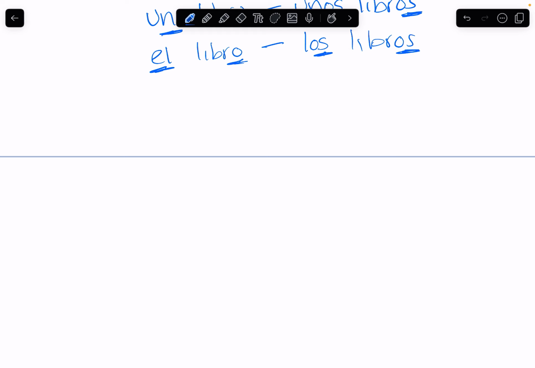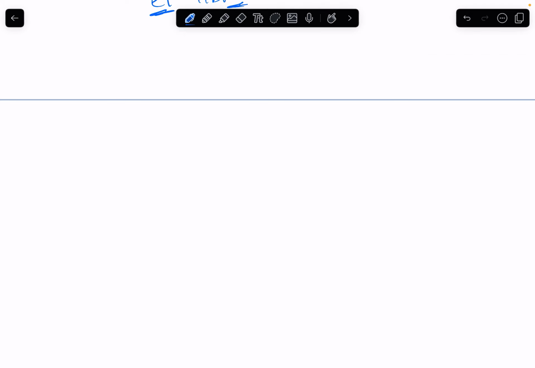So next you have, this is the quote unquote tough part, but it's not really that tough. It's when you conjugate. So first you have to talk about subject pronouns. What is a pronoun? A pronoun is something that you use to take the place of the noun.